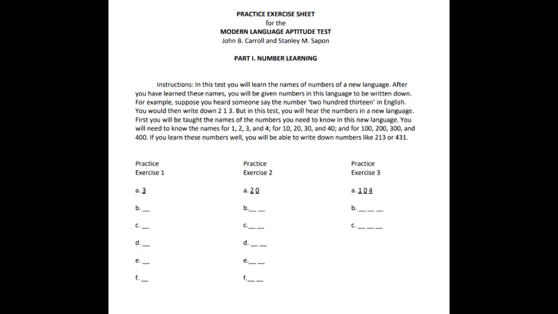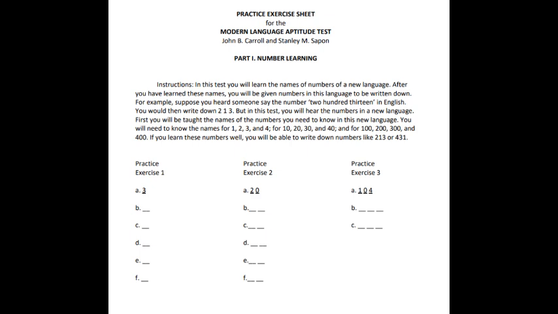Instructions. In this test, you will learn the names of numbers in a new language. After you have learned these names, you will be given numbers in this language to be written down. For example, suppose you heard someone say the number 213 in English. You would then write down 213. But in this test, you will hear the numbers in a new language.